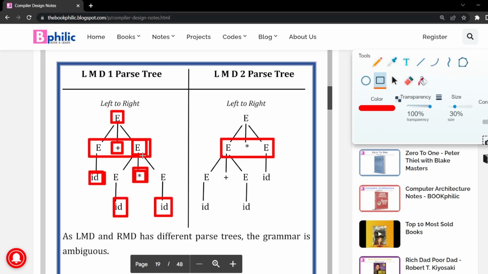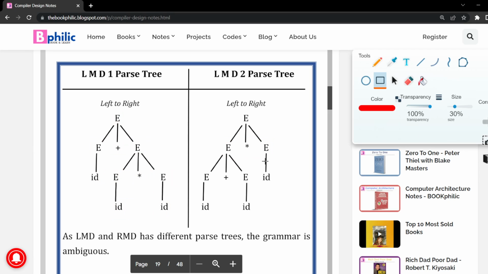So in order to get this star we have to derive it further into E star E. In this case we will be deriving E into id, then this E will be derived into id. So this is how we have gotten our id plus id star id. So I hope you have understood how this parse tree can be generated.